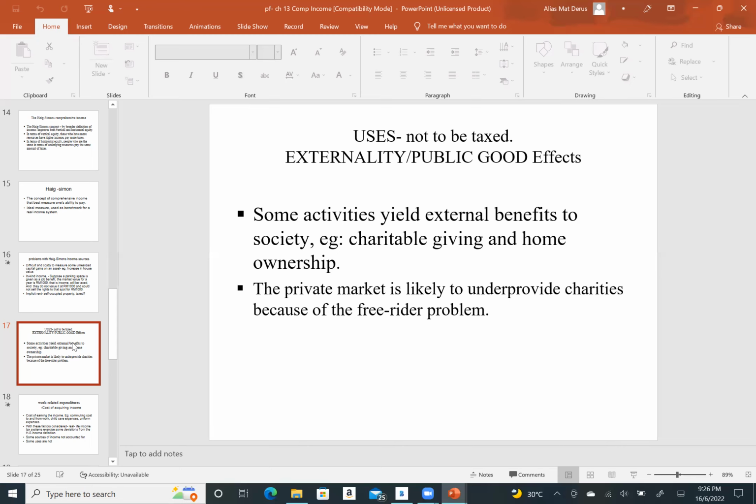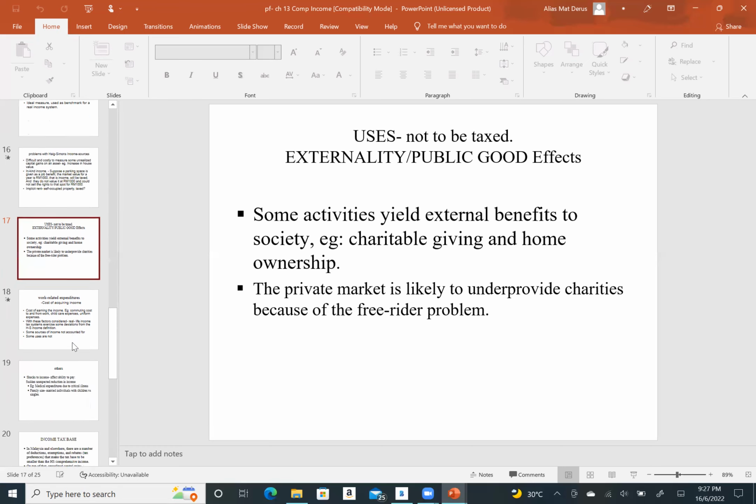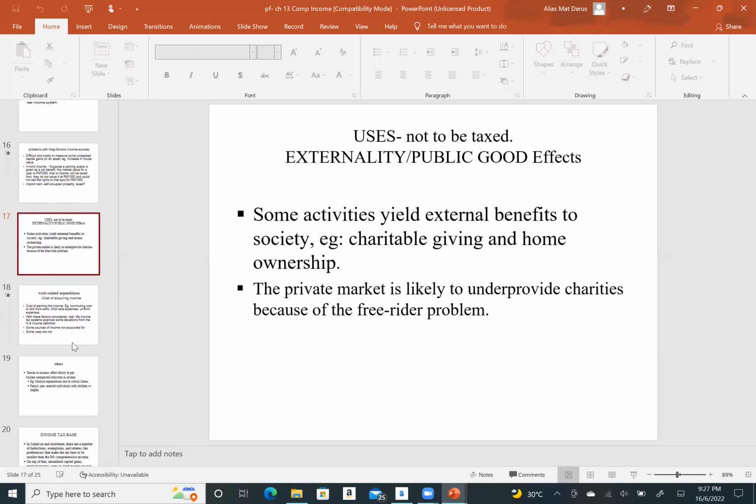So these activities that generate positive externalities may not be included when you compute the income that is to be taxed.